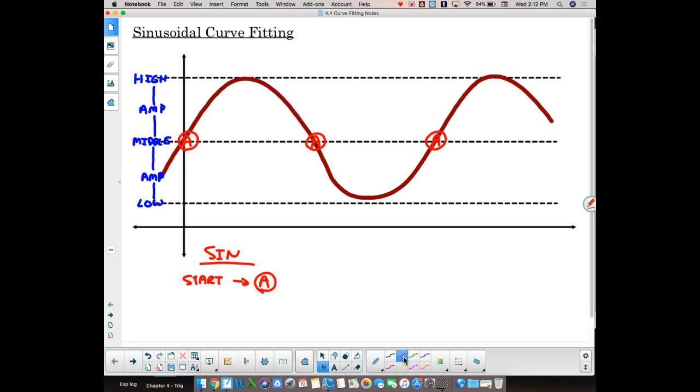All of those would be starting points for the sine function, because sine starts in the middle. If it's a cosine function, I would start either at the top or at the bottom.